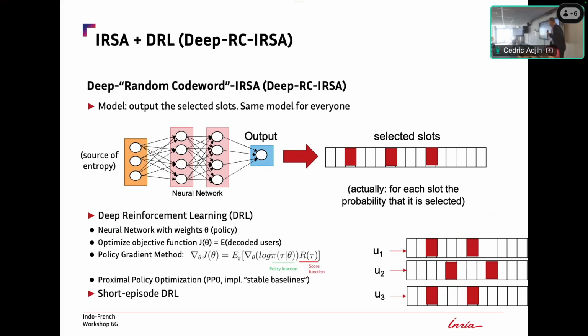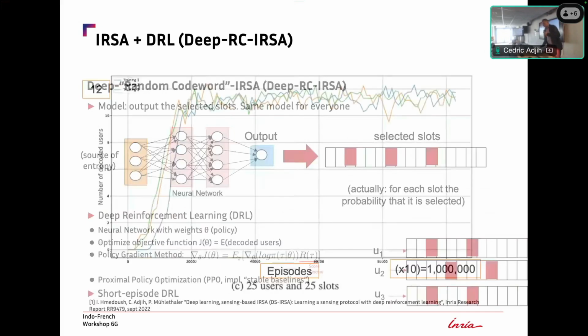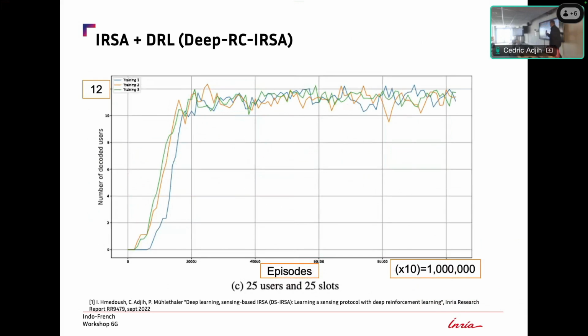It's a short episode. Of course, there's this question of how do you design the reward function. So we just take the reward function as the objective function, so maybe it's not good, but it cannot be wrong. We spent a lot of time on that. And then we run the training. And then we saw that, okay, the convergence was relatively quick.